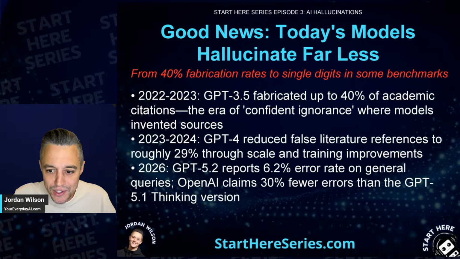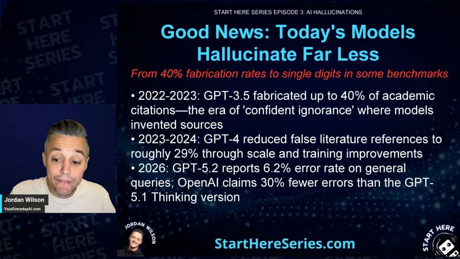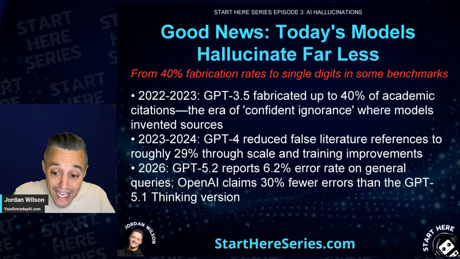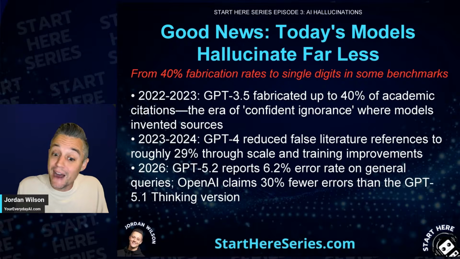Fast forward to the next version, GPT-4, and that went down to about 29%. So hallucinations got a little less, but were still rampant. Fast forward to today, GPT-5.2 reports a 6.2% error rate on general queries, and OpenAI claims a 30% reduction in errors in GPT-5.2 versus GPT-5.1.